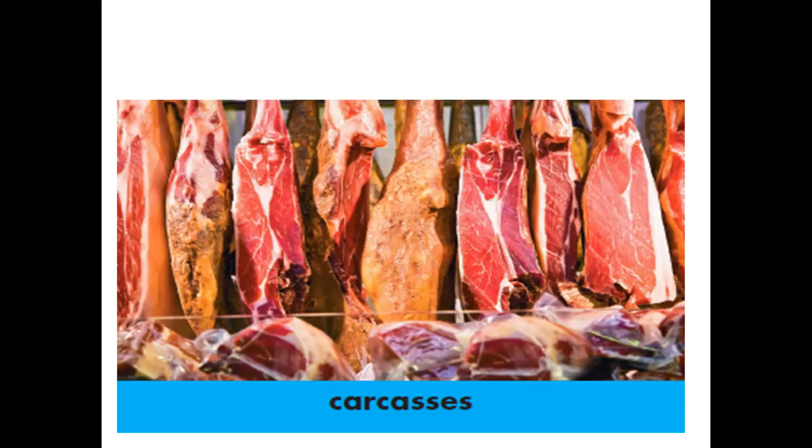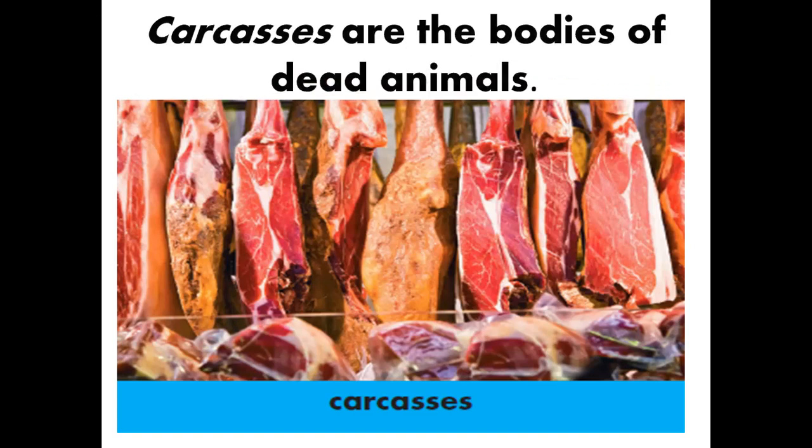Already, this is the meat of animals. What kind of animal, we don't know. But normally, after animals have been killed, their dead body is referred to as carcass. Let's see the definition. Carcasses are the bodies of dead animals.